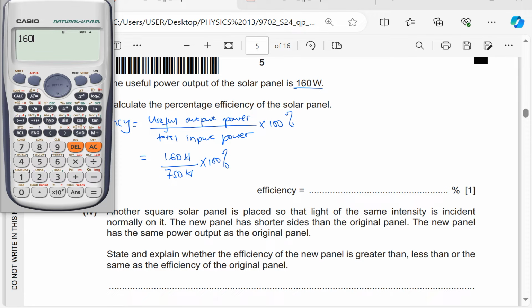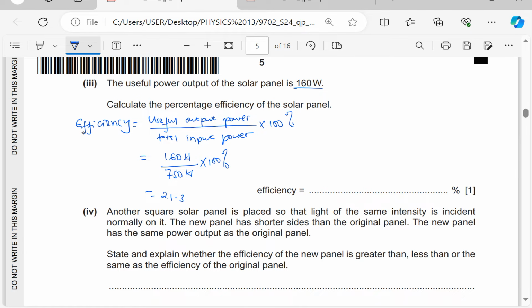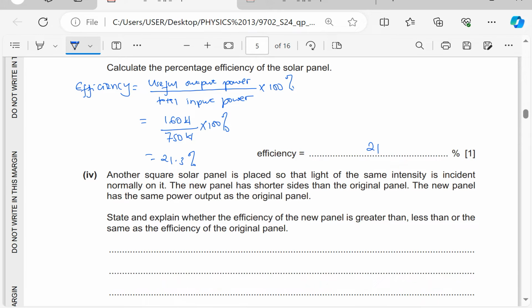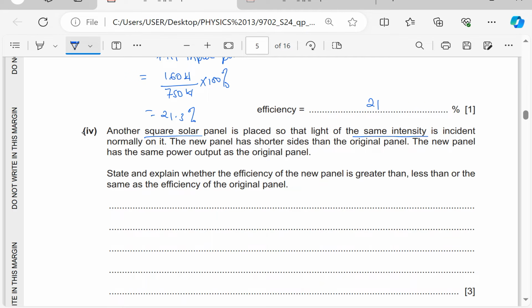So 160 divided by 750, then times 100. So that is 21.3 recurring, or approximately 21%, to two significant figures.